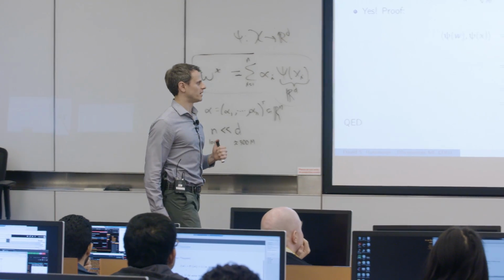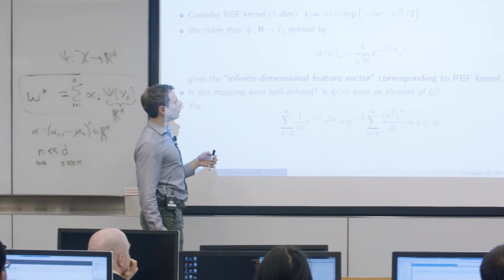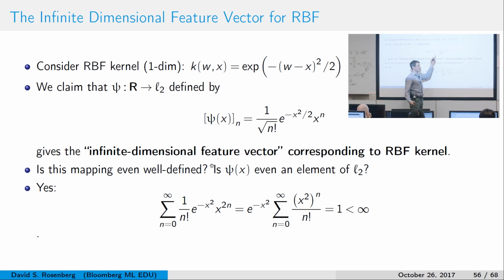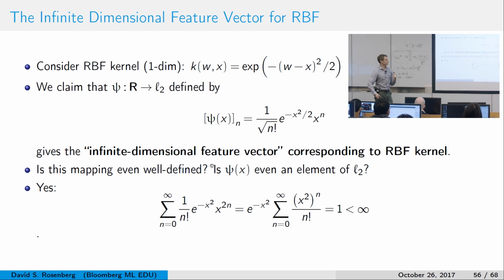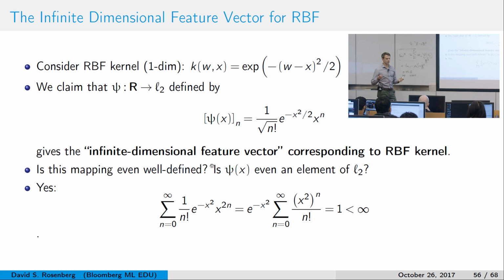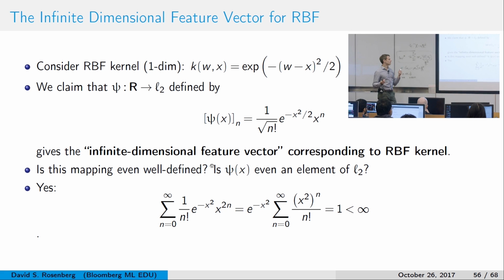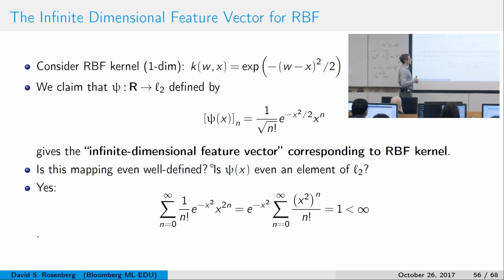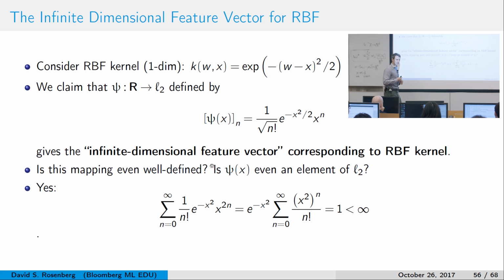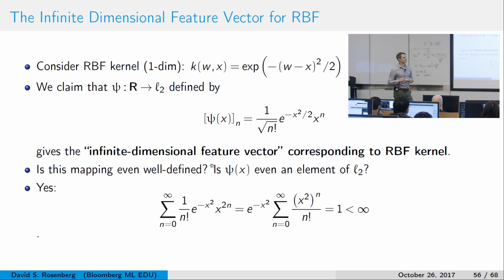So it might be interesting if you want to experiment and look at what the first 100 entries, the first 1,000 entries of this feature vector representation are for this kernel, say, and a typical pair of input values: 1 and 0, 1 and negative 1, 10 and 1, these sorts of things. And maybe you can get some intuition on what these feature values look like.